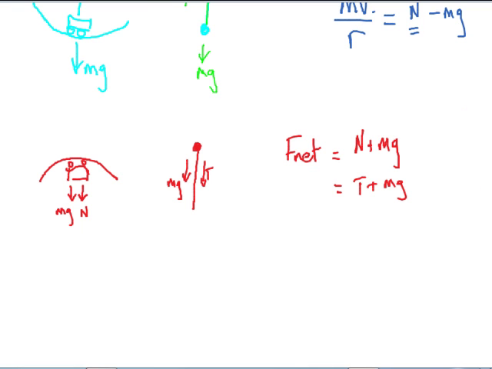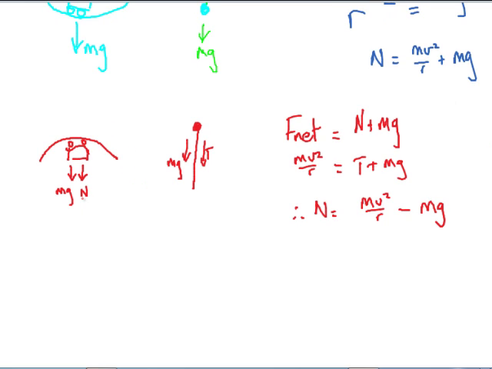Going back to the top, if we rearrange that, the normal reaction force or the tension force would be equal to the centripetal force, mv squared on r, plus mg at the top. If we're at the bottom, the normal reaction force or the tension force is equal to mv squared on r take mg. It's going to be less than the actual net force.